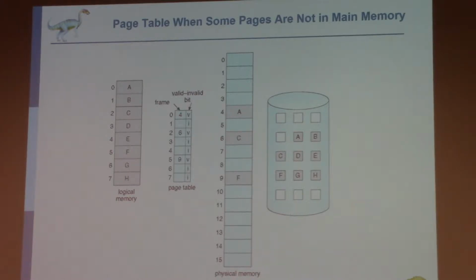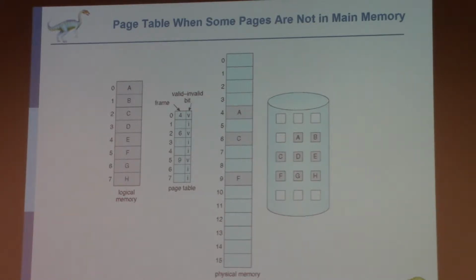For example, right now we are using pages 0, 2, and 5 on demand paging, which means loaded into the physical memory, frames A, C, F, 4, 6, 9. So it's a paging table.